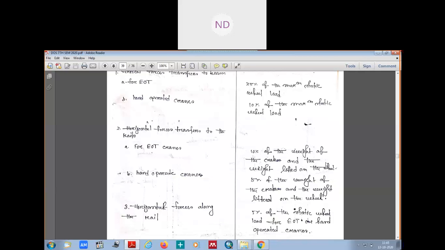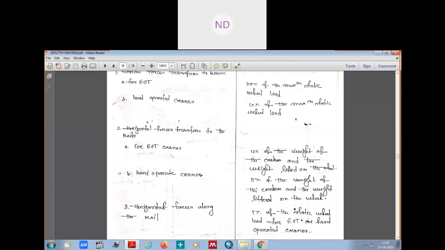That means the weight of the crab, the weight of the trolley, and the weight lifted, that is the hook load. If it is electrically operated, it is 10%. If it is hand operated, then it is 5%. The surge load is nothing but the horizontal force transverse to the rails.